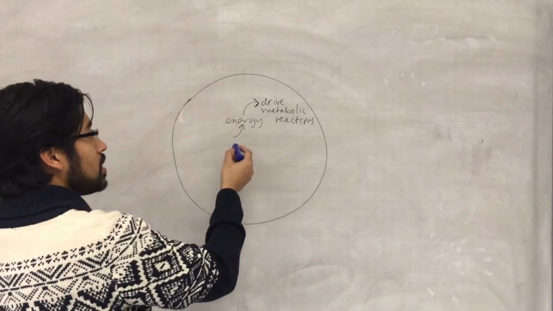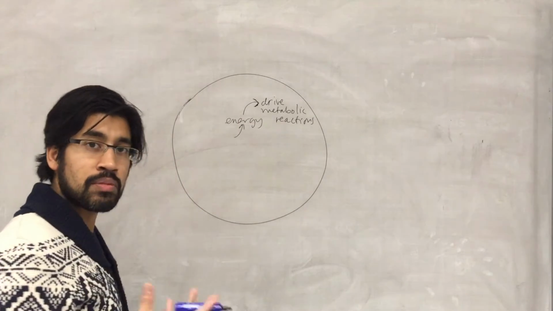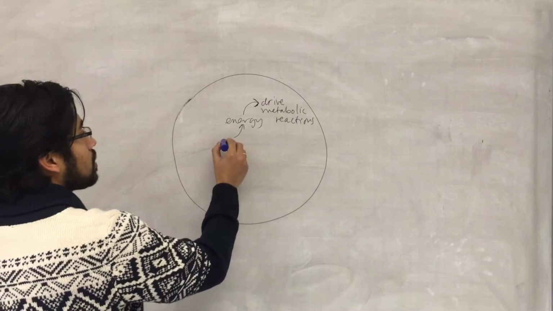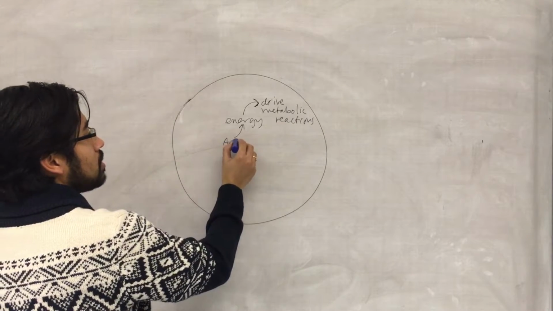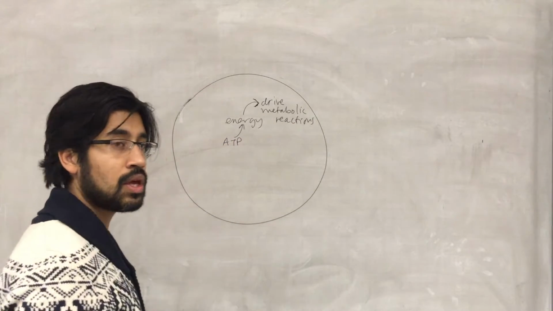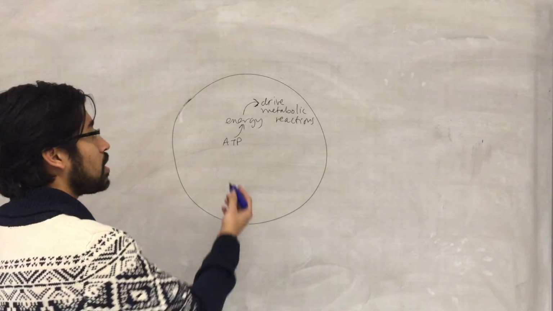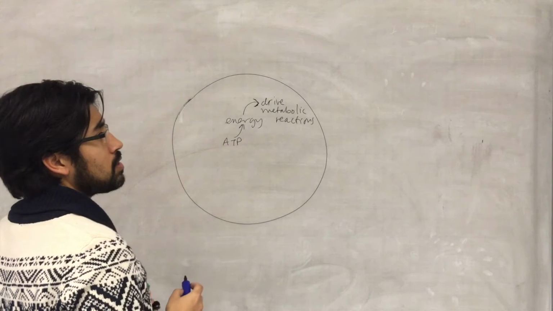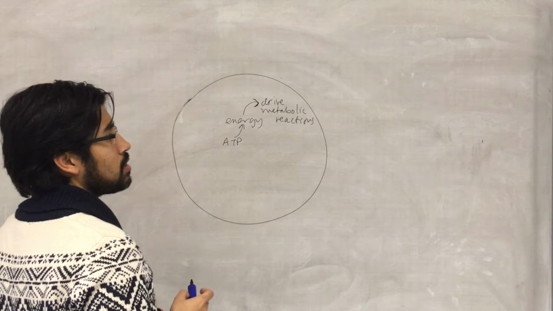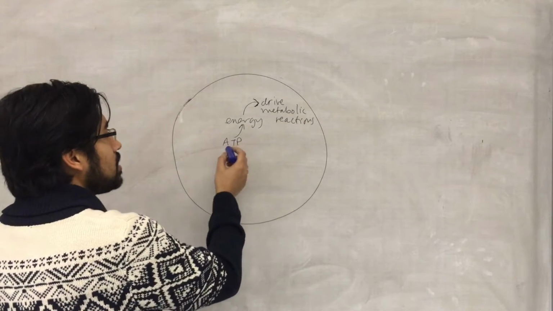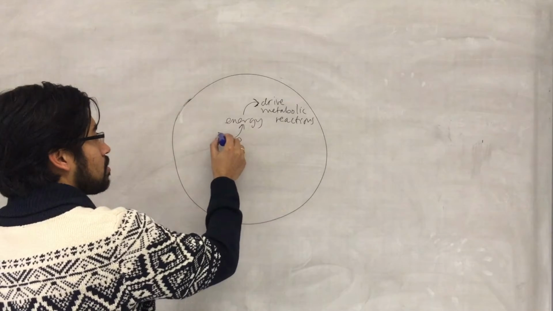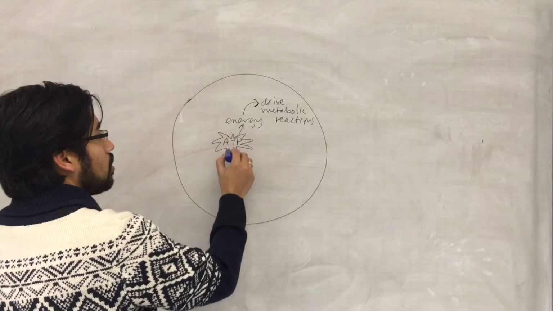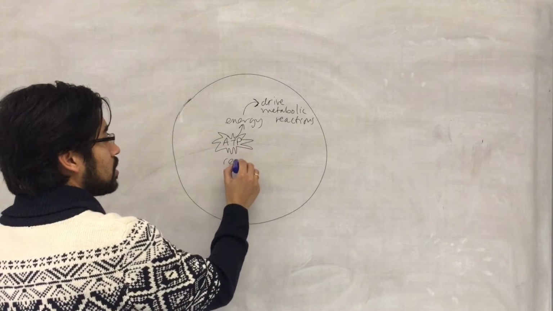So the energy that is used to drive those metabolic reactions, that is used to drive the functions of life, comes from ATP, adenosine triphosphate. Now, ATP is produced thanks to the process of respiration, aerobic respiration.